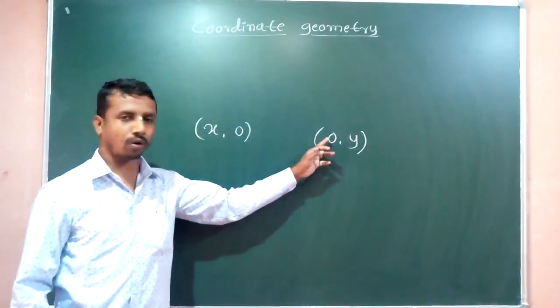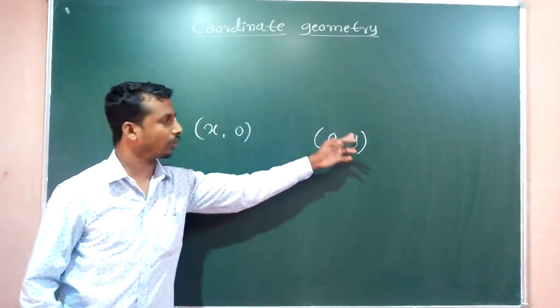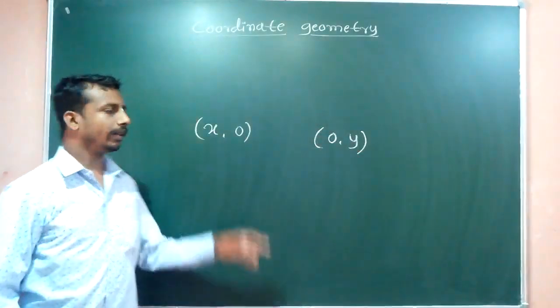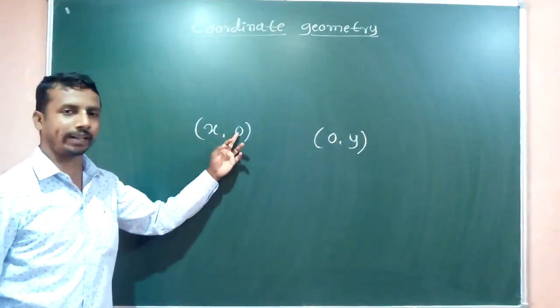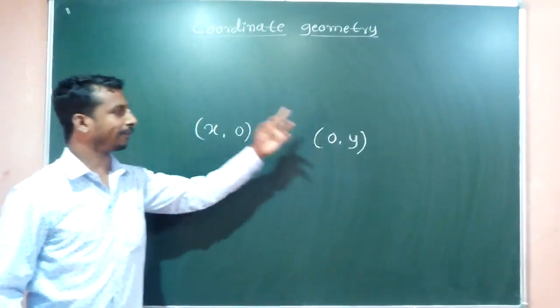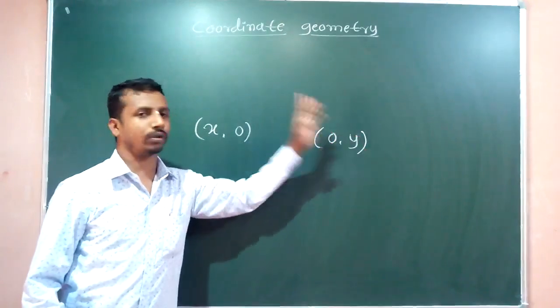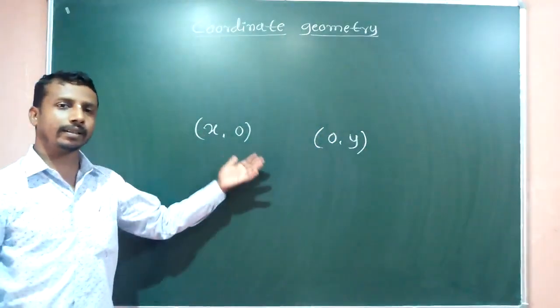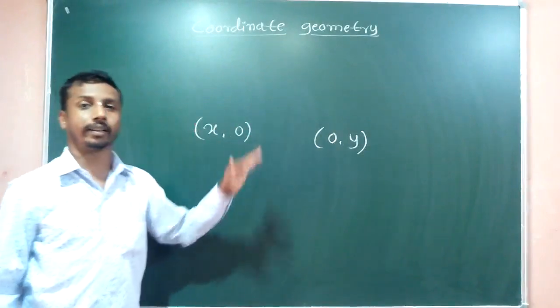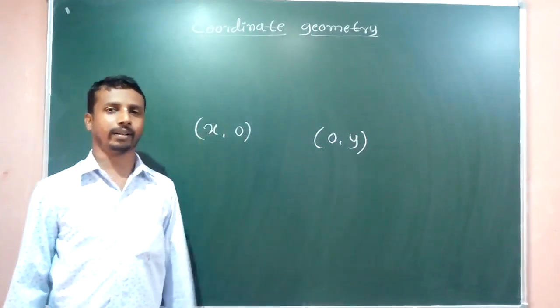If the x coordinate is 0, then this point lies on the y-axis. This is all you have learned in the previous class, that is in the ninth standard.